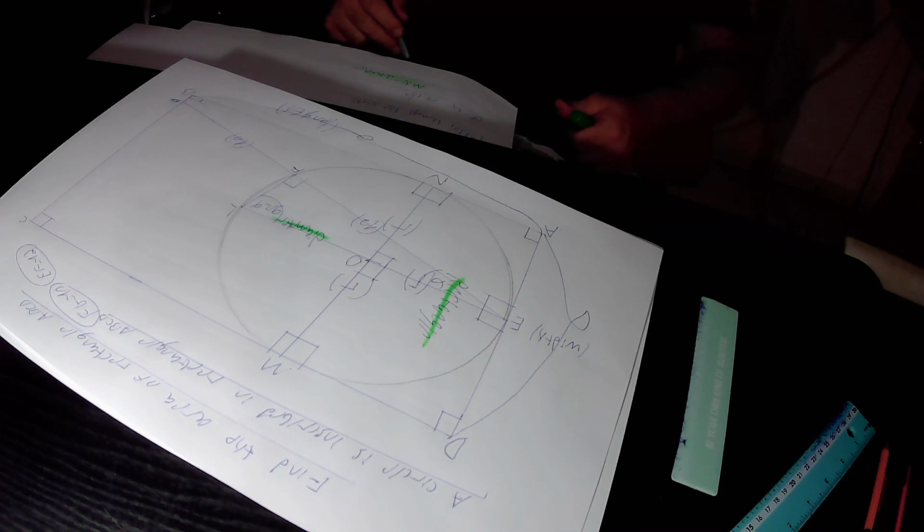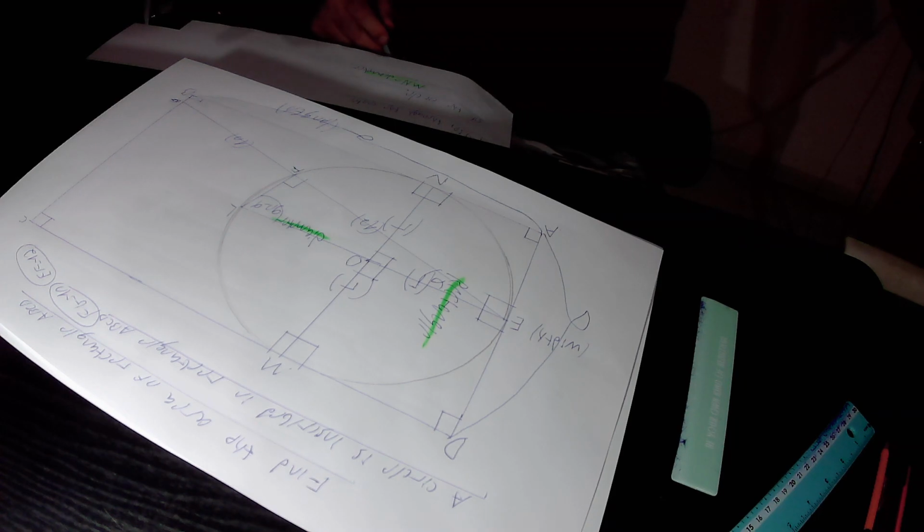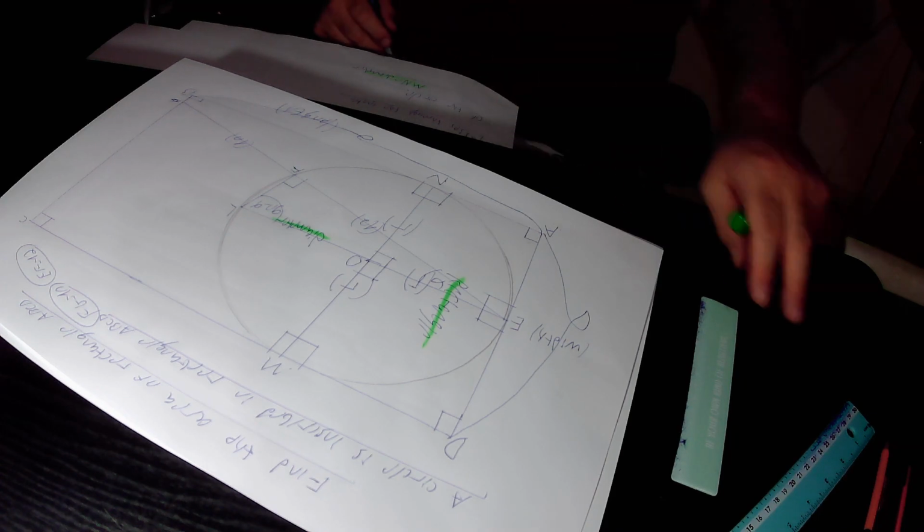In the next step, we will extend the diameter EL until it touches side CB of rectangle ABCD.